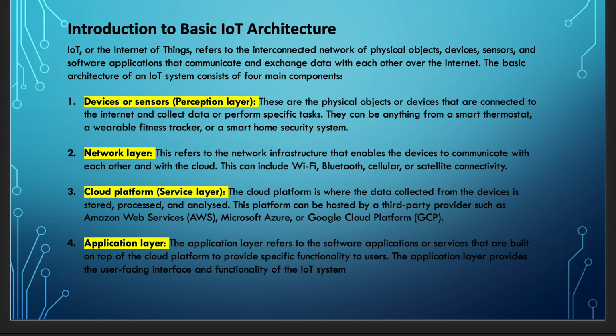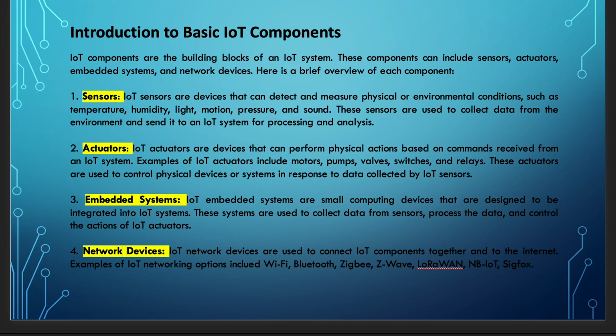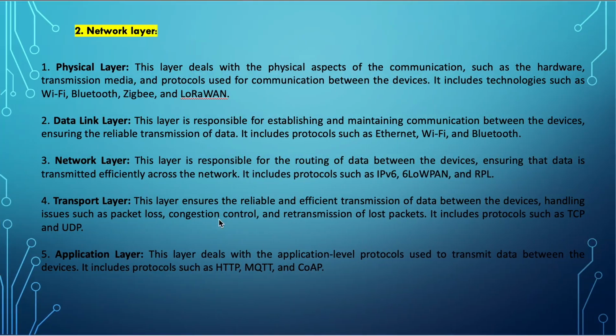And we talked about the components when building an IoT device. There are four main components when building an embedded IoT device: the sensors, actuators, embedded systems and networking devices. We covered sensors and actuators. In the next lecture, we are going to talk about network devices and embedded systems.